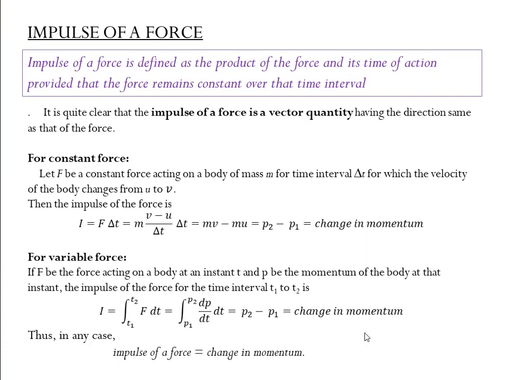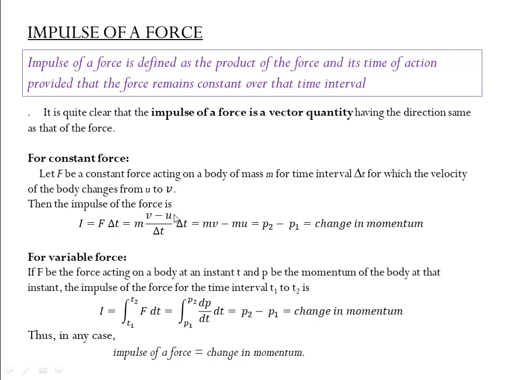Now, here comes another important term, what we call impulse of a force, which is defined as the product of force and time of action of the force. And obviously, it's a vector quantity. Now, let us see what it comes out to be finally. As we see over here, the impulse of a force is the product of force and time.